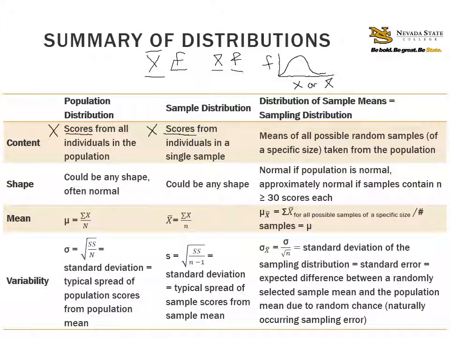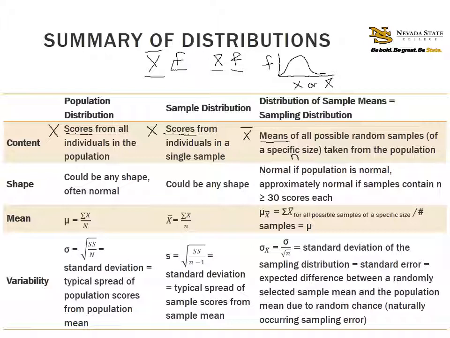Typically you don't have access to all that, so you take a subset of that population and study it, and that's your sample. Now, the sampling distribution is the distribution of all sample means, not scores, means, of all possible random samples of a specific sample size, or N, taken from the population.